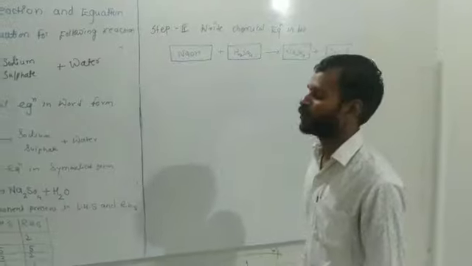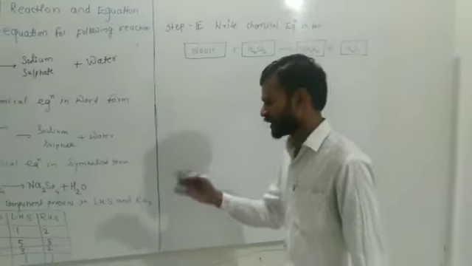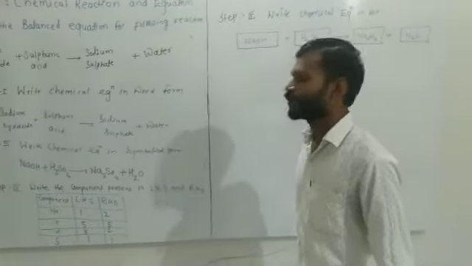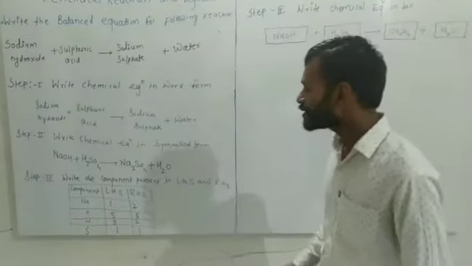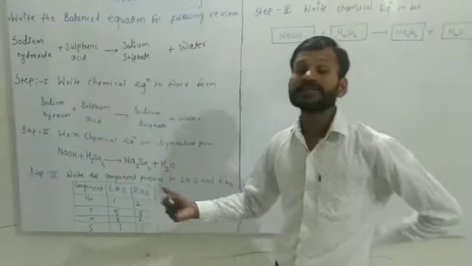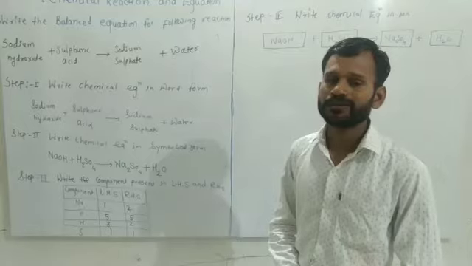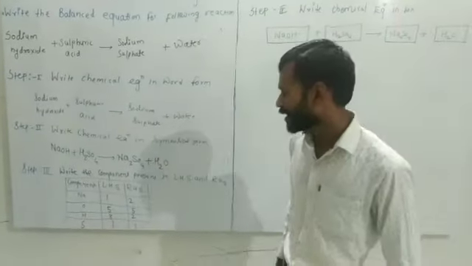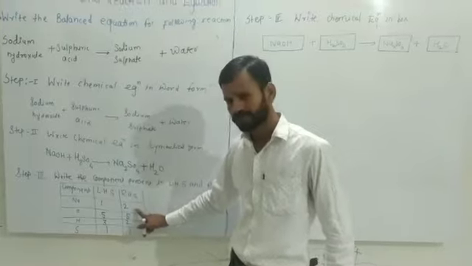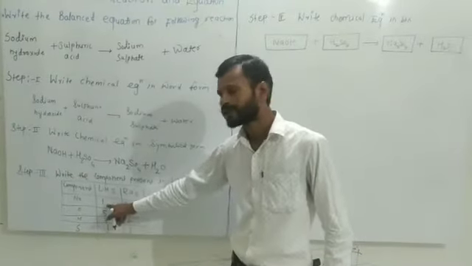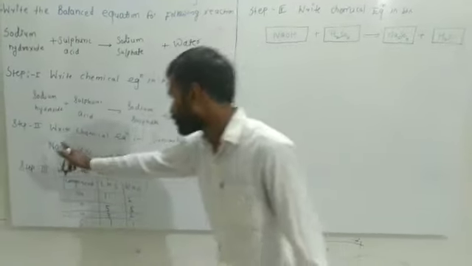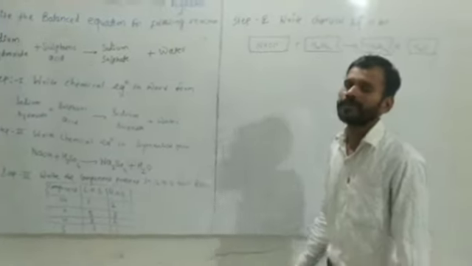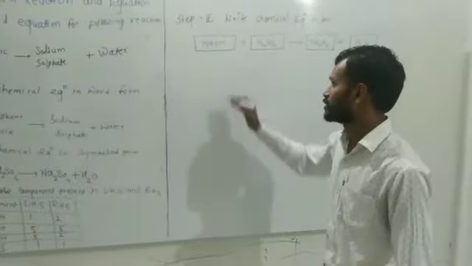This is step number 4. Now check which component we have to balance. The one we can easily balance by multiplication is sodium, because on the RHS there are 2, so simply multiplying this sodium by 2 balances it.